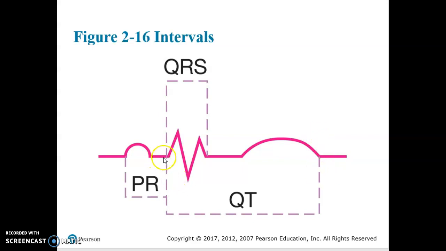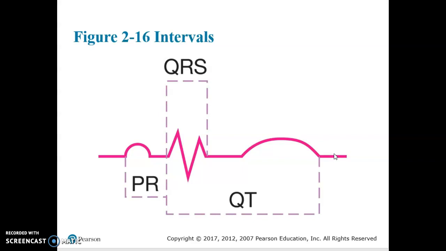That is measured from the QT. Guys, this is important to know what you're looking at and how long it takes. Not only do you want to know how long it takes, but you want to know exactly what you're looking at and what's happening, what's supposed to happen, what is the function of that heart. What is happening in that segment. What function am I looking at?